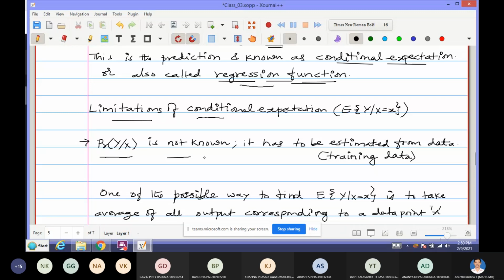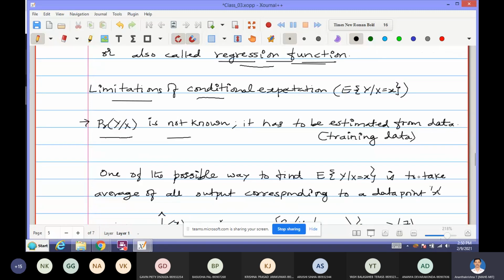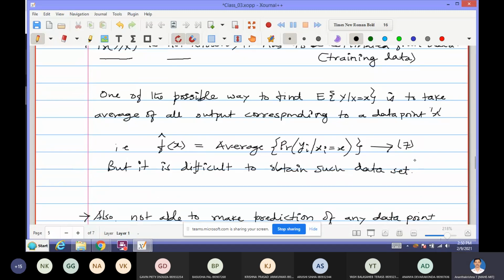One possible way to find this is to take the average of all the outputs corresponding to the data point x, like what we did earlier. Here again, f cap is given. The notation indicates it is the estimate of f, not the true f.